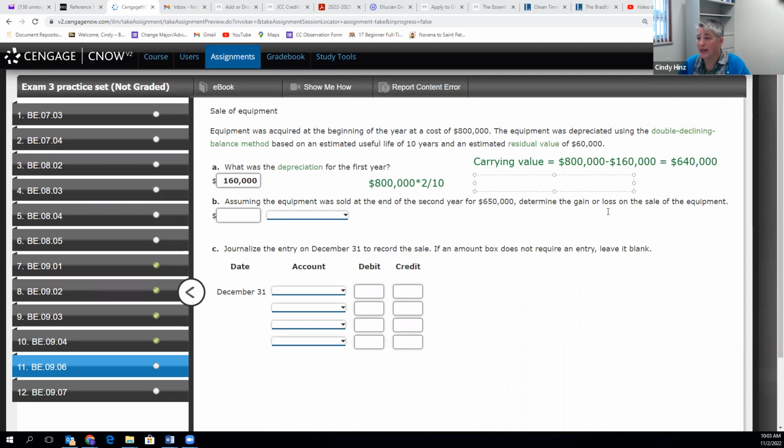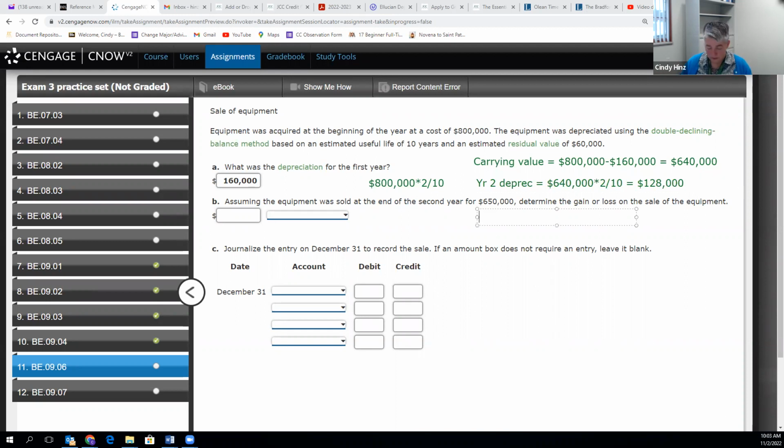So the carrying value at the end of year 1 is $640,000. So let's calculate our year 2 depreciation. Again, we know for double declining balance, the calculation is carrying value times 2 divided by the estimated useful life. So the year 2 depreciation would be $128,000.